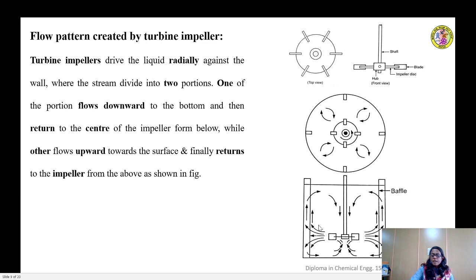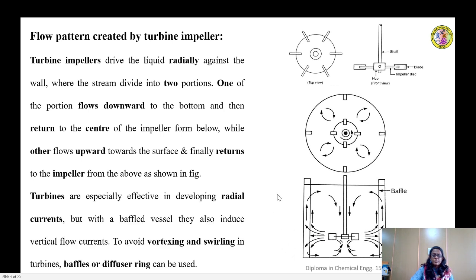The other stream flows along the wall towards the top of the vessel up to the liquid surface, and then finally returns to the impeller center. Similar flow currents are produced on the other side of the impeller also. These flow currents generated by turbine impellers are called radial flow currents.